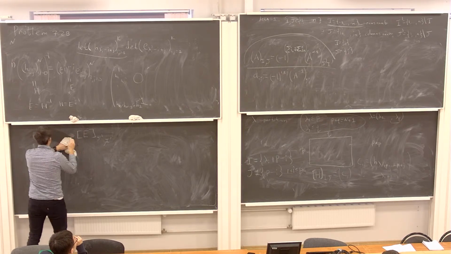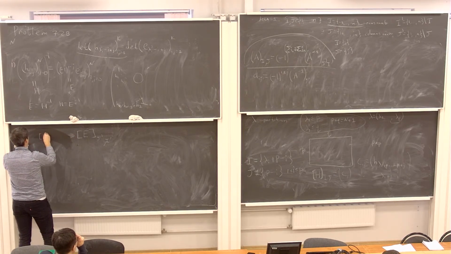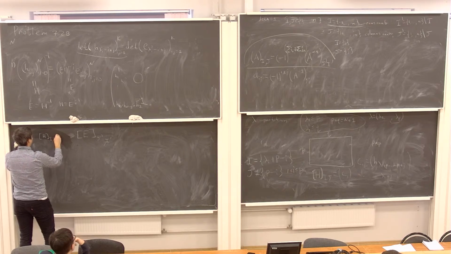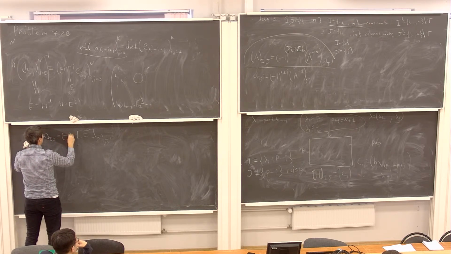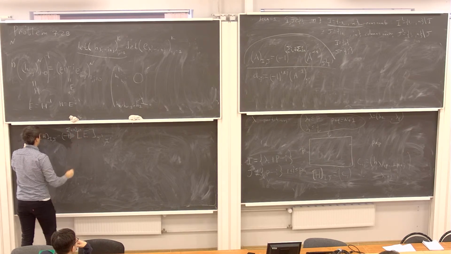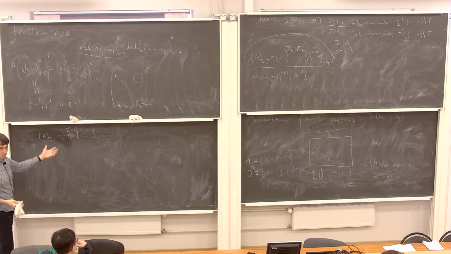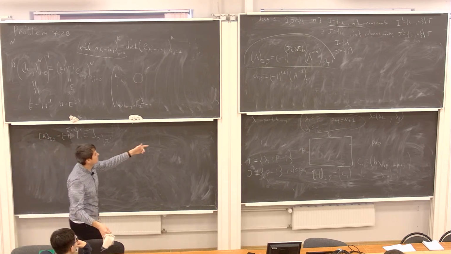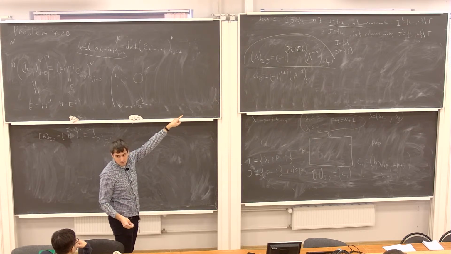So the sign is: H_IJ is equal to minus 1 to the sum of the I's plus minus the sum of the J's. This is just because they are inverse to each other.